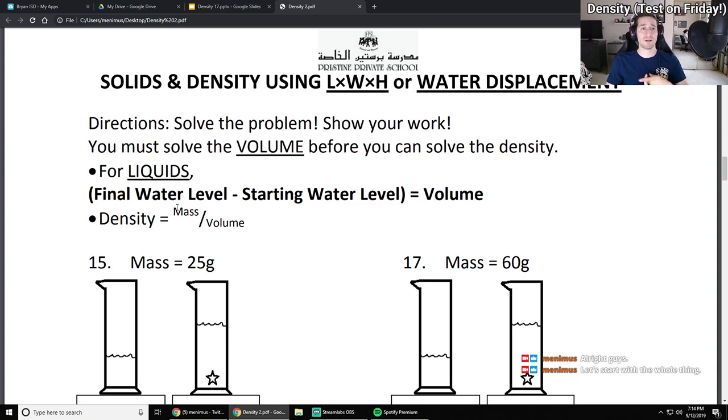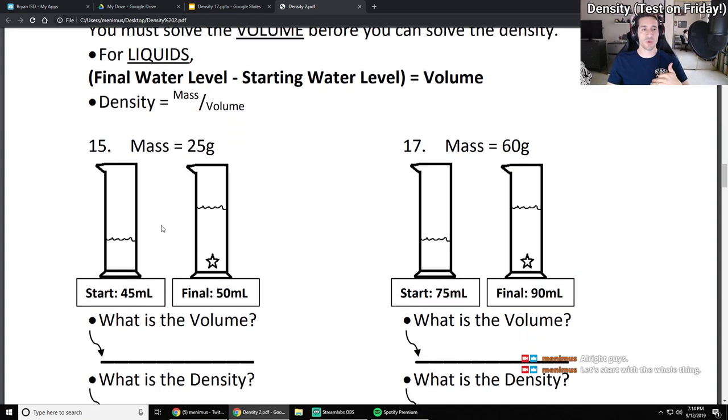For irregular or not regular solids, we use water displacement. That means you have a graduated cylinder with a certain amount of water, you drop the object in, and the water that's been displaced is the amount that this object inside of the graduated cylinder takes up. Now, why is the water being displaced? Because water is a liquid and can take the shape of pretty much any container that is holding it.